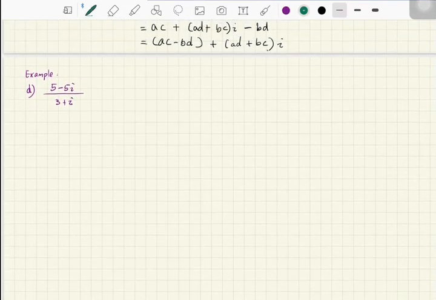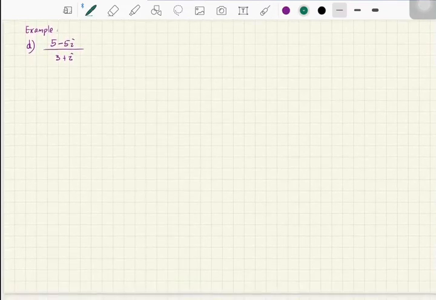So for this situation, 5 minus 5i over 3 plus i, we have to rationalize the denominator by multiplying by the conjugate. The conjugate of 3 plus i is going to be 3 minus i. So we multiply the conjugate on both the numerator and the denominator. The denominator becomes 3 squared plus 1 squared.